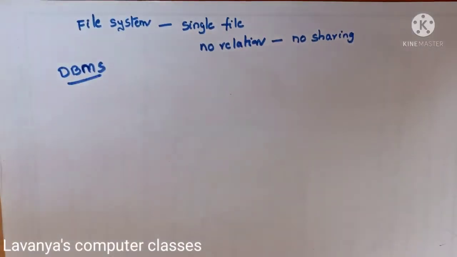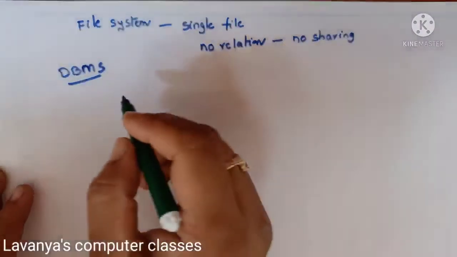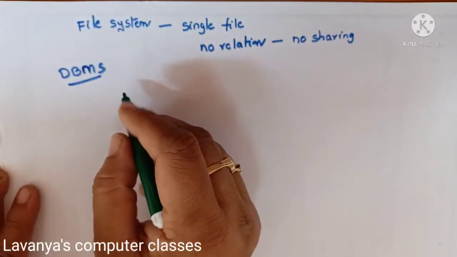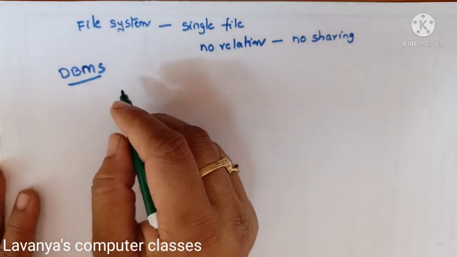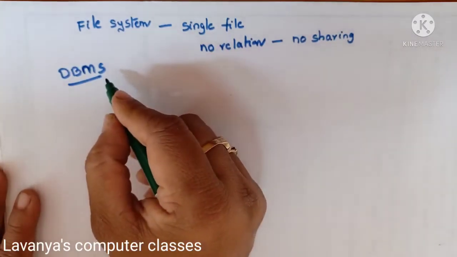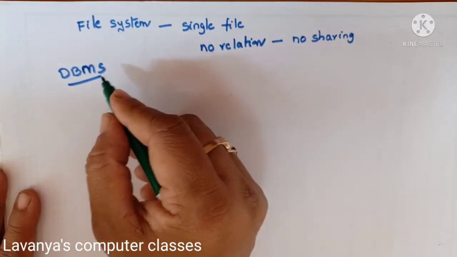What is the full form of DBMS? Database management system. Already we know what data and database are. Now what is a database management system? We have to manage some database.